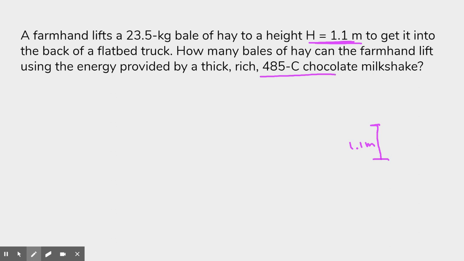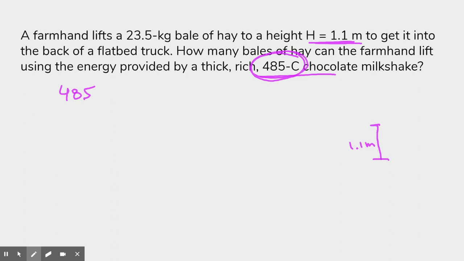All right, so this is going to require us to think back to the relationship between heat and mechanical energy. The first thing we want to do is this is given to us in calories, but we need to get this in joules, which is a value for heat. So let's convert 485 calories into heat.